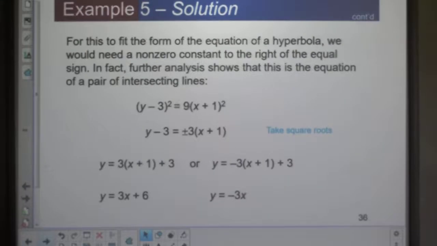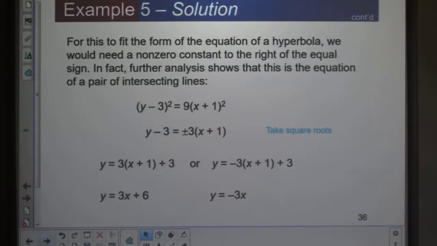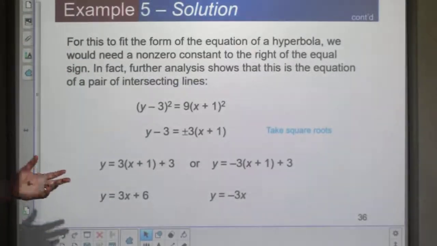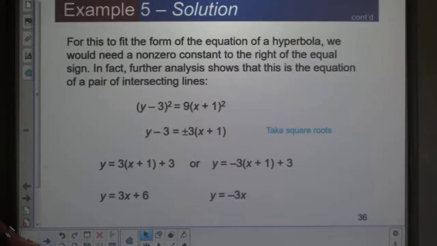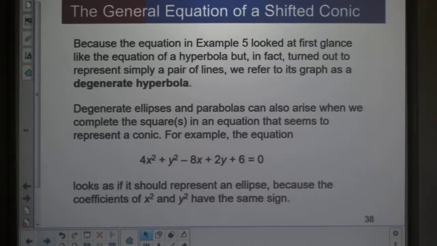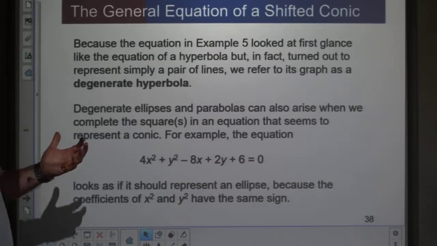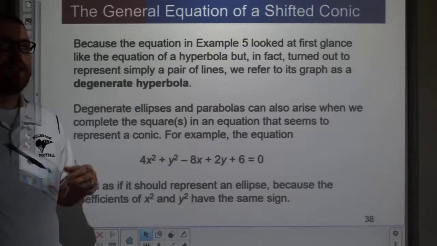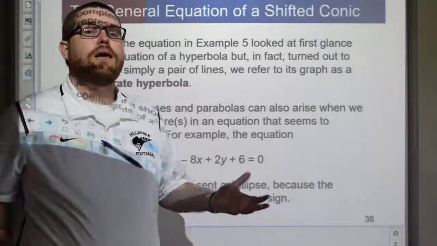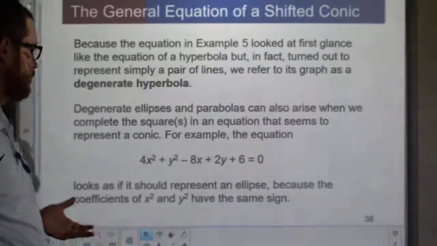In fact, if you solve this equation by taking square roots, you can see the math right here, you end up with 2 different lines. Just 2 lines. This becomes just a graph that looks like an X. This is called a degenerate conic. In this case, a degenerate hyperbola. It looks like a hyperbola, but when you actually do the arithmetic to solve it, it doesn't become a hyperbola like we're used to seeing. It wasn't equal to the one that we wanted.